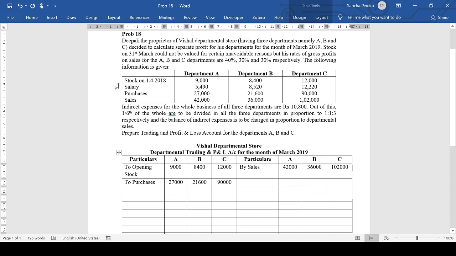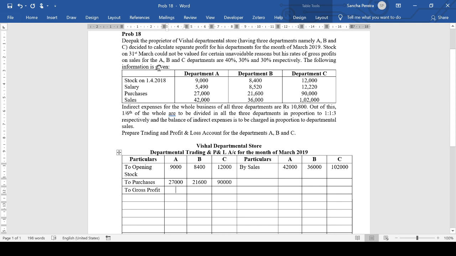Salaries is also given. The salary will go in the profit and loss section, so we will finish this first. Now we don't know the closing stock. Normally we would have had the closing stock and calculated the gross profit. But right now we know the gross profit indirectly. And how do we calculate the gross profit? They've said 40%, 30% and 30% of the sales.